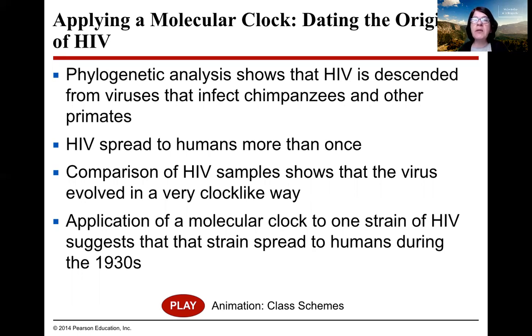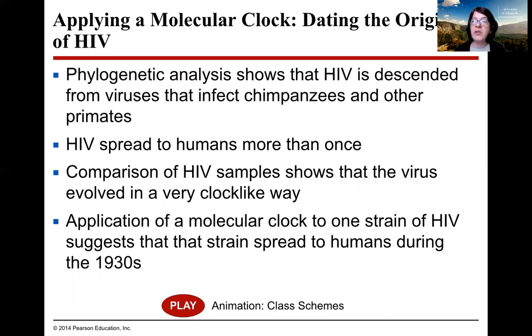And HIV, the human immunodeficiency virus, has been around for quite a long time. And molecular phylogenetic analysis shows that it is descendant from viruses that were infecting chimpanzees and other primates. So the original virus, before it started mutating, was a virus that infected primates.